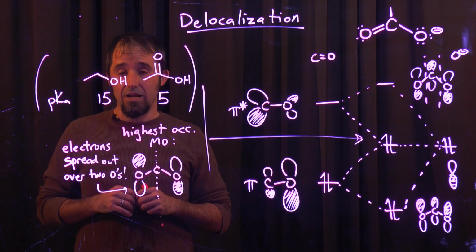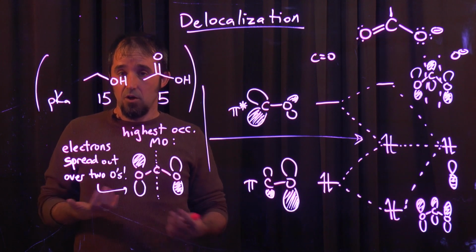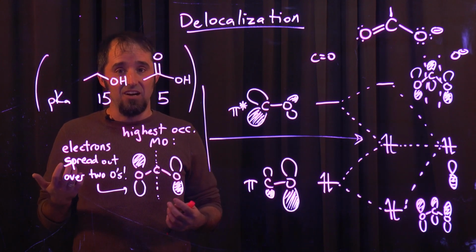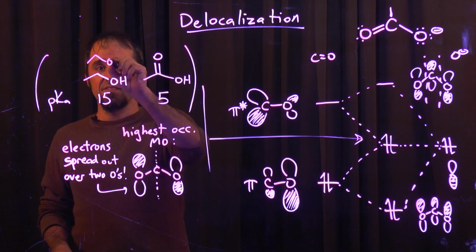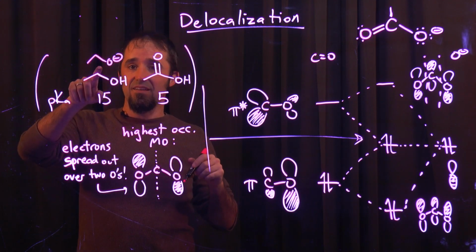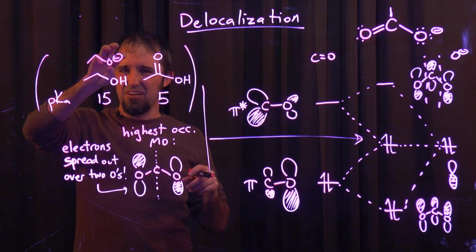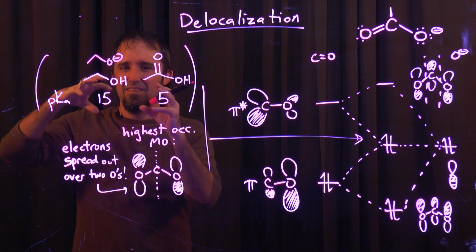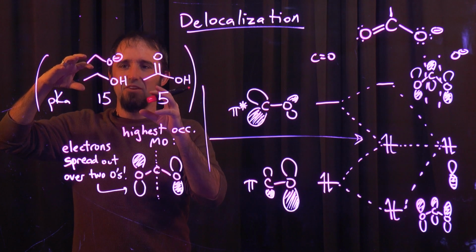Letting electrons spread out makes them more stable, lower in potential energy. Why is that? Because every electron has a negative charge. Here, the charge in this conjugate base is constrained to that oxygen. Right? I've got a lot of electron density in a little bit of space. That'd be like fitting 6 people into one dorm room and saying, live here for a while, right?